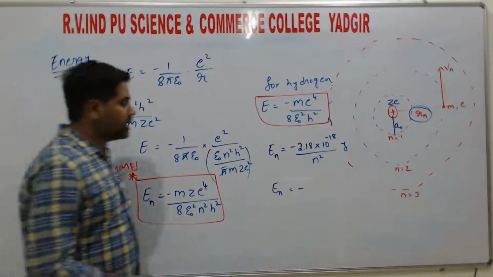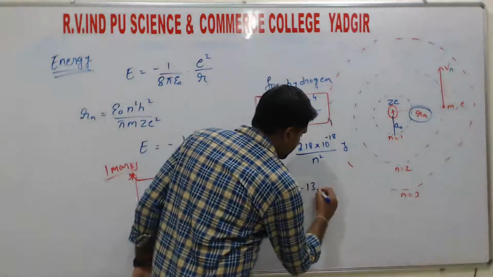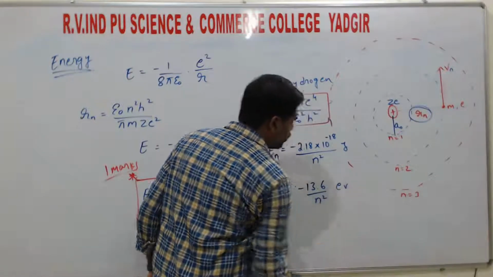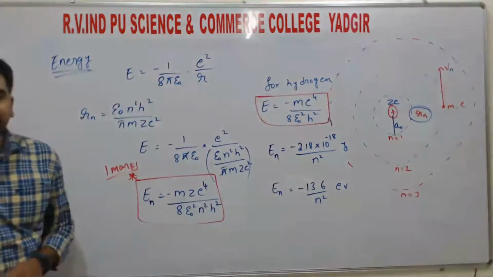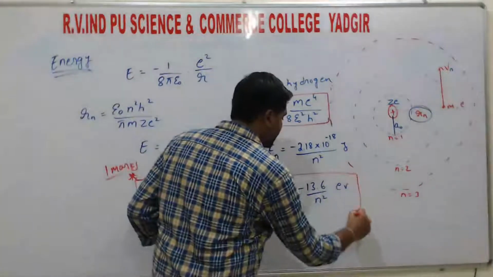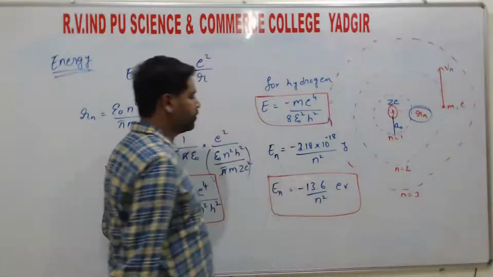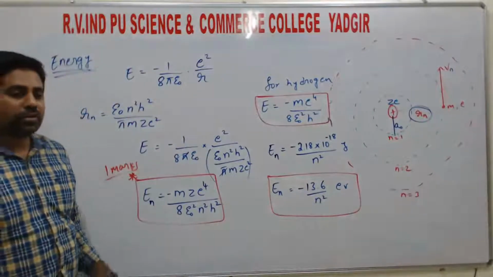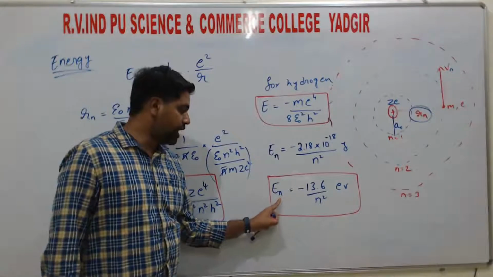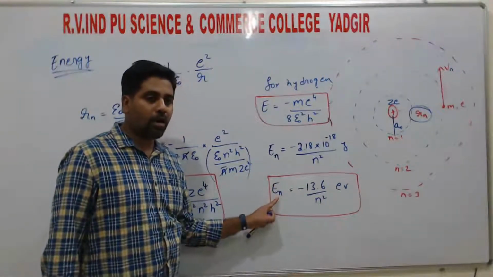Then we get the relation: En = minus 13.6 divided by n square electron volt. So this is the energy of an atom in the nth orbit, where n represents the orbit.